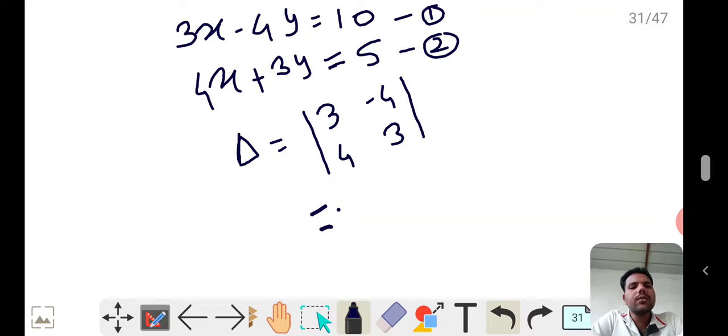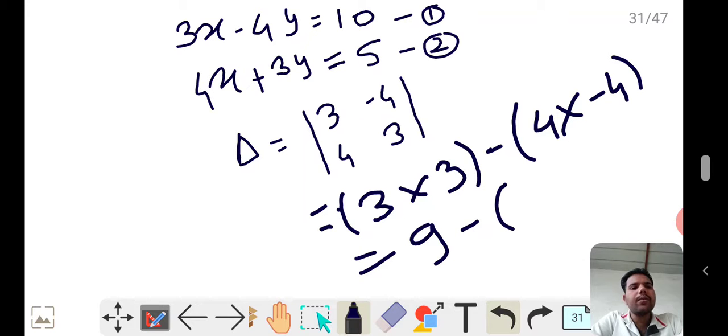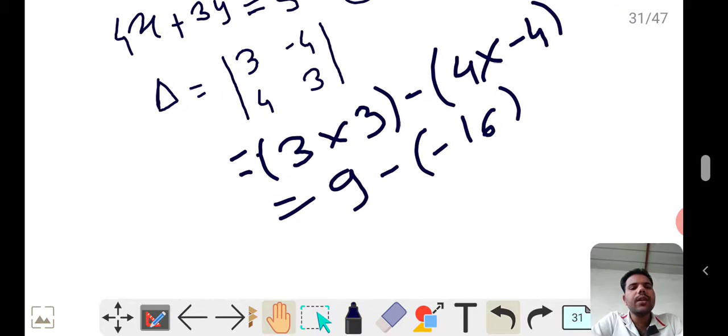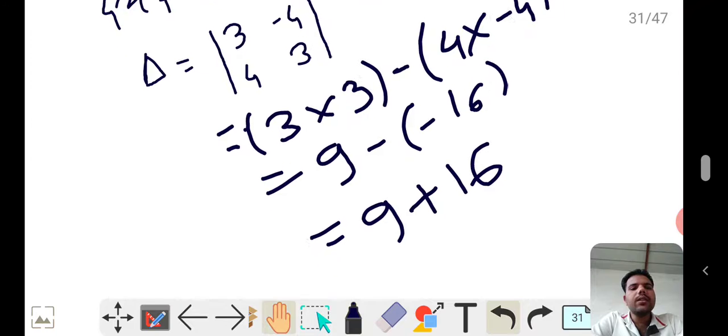To solve it, take the cross multiplication as we have learnt: 3 into 3 minus, in bracket, minus 4 into 4, which is 9 minus minus 16, that is 9 plus 16.